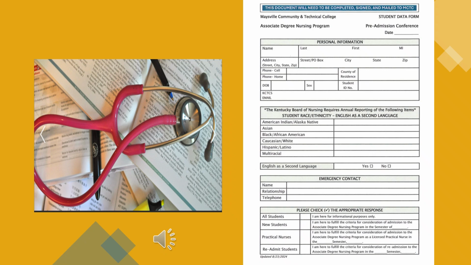The way you will be contacted if you are admitted into the program is through email, so please make sure that it's a good email contact for us, and that you have a good phone number. We also need your emergency contact information, and then the appropriate response for if you're a new student, an LPN to RN, or a readmission student. Thank you.